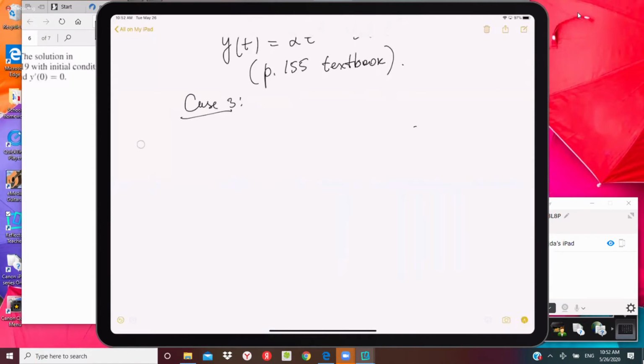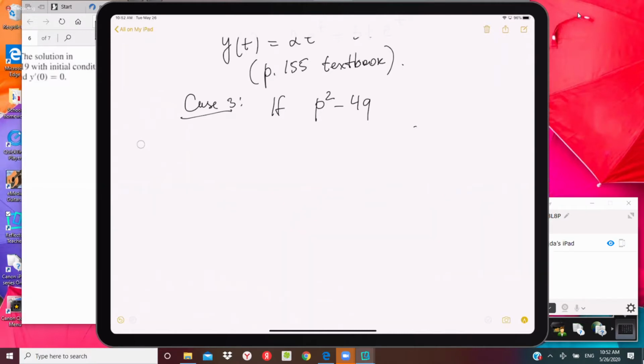All right, case number 3, we have one last case. If the discriminant p squared minus 4q, this is the expression under the square root in the quadratic formula, is less than 0, then there are 2 complex conjugate roots.